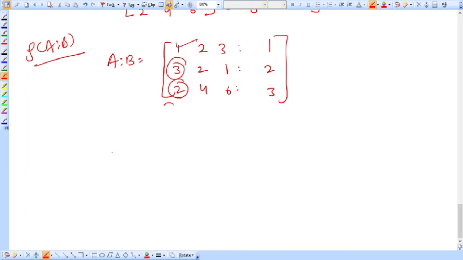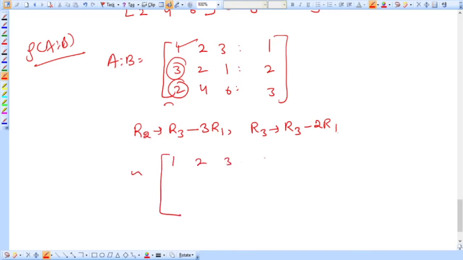So what operation are we going to apply here? On R2 we subtract R2 from 3 times R1, and from R3 we subtract it from 2 times R1. In this way we get an equivalent matrix, 1 2 3 1 as it is, and now we are going to subtract this from this.